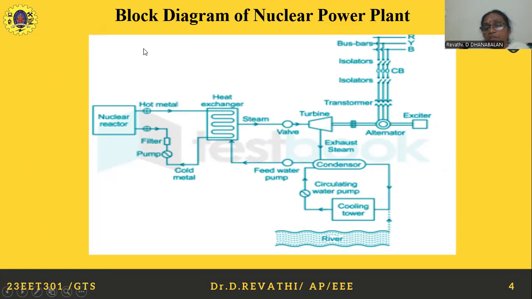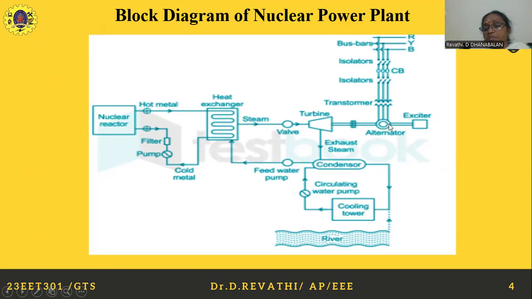Here the water is boiled and converted into steam at very high pressure. Through the valve, it is fed to the turbine. The turbine converts it into mechanical energy. The turbine shaft and alternator shaft are connected.